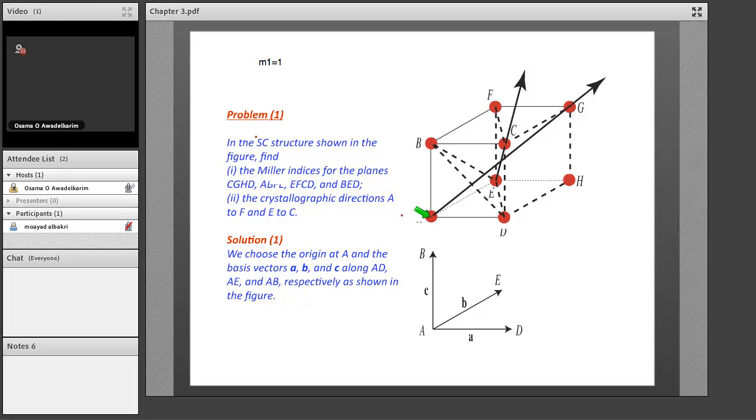This is the b direction, and this is the plane here, the dotted plane. It never intersects with the b direction, right? It doesn't cut through the b direction. In fact, it is running parallel to the b direction. And a parallel plane to a line will intercept at infinity. So m2 is equal to infinity.